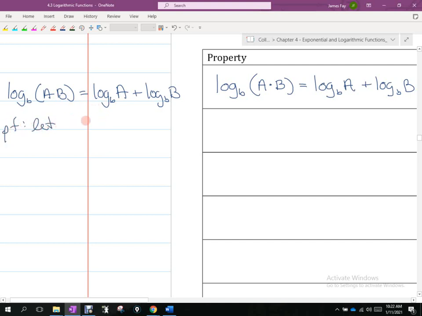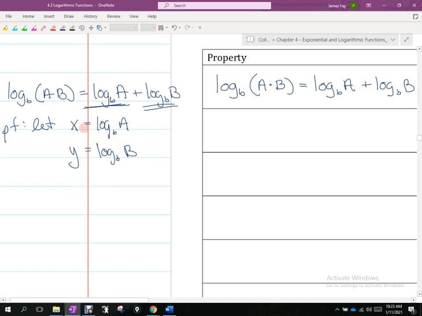We let x equal this logarithm right there, log base b of A. And we're going to let y equal that one, log base b of B. Is that okay with everybody? We know that to be true. I just identify or define those variables.